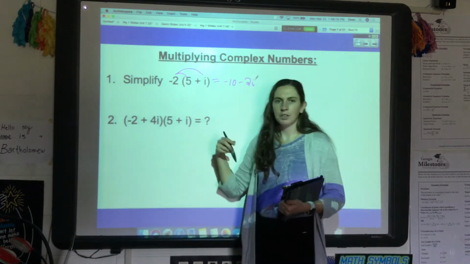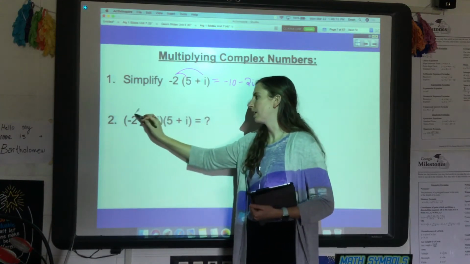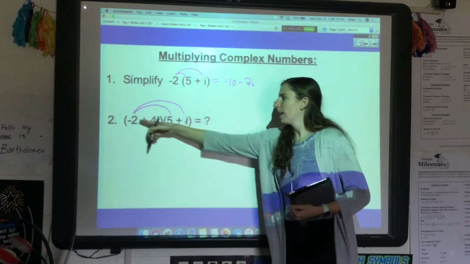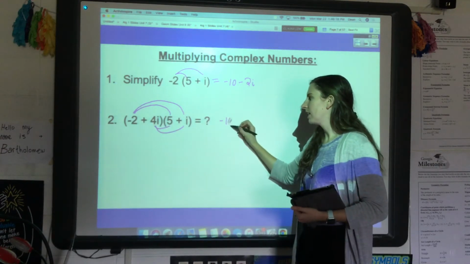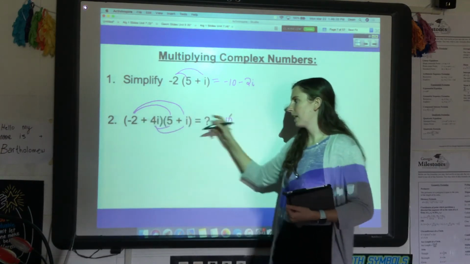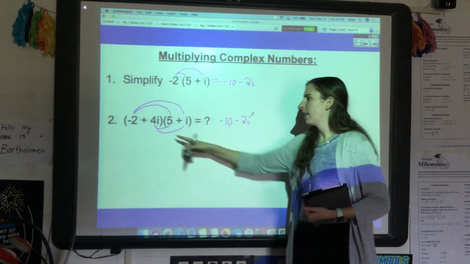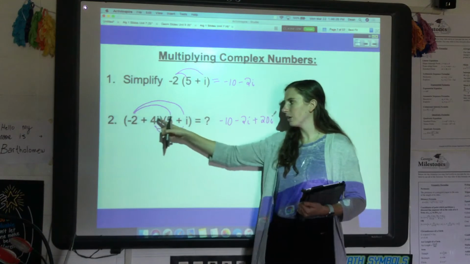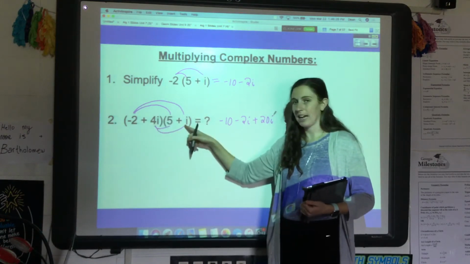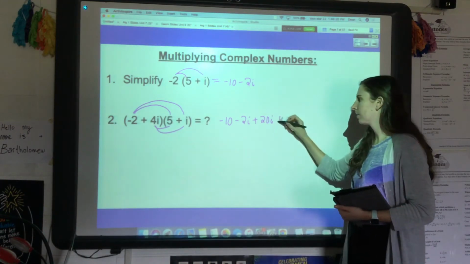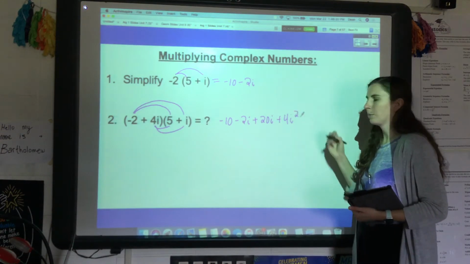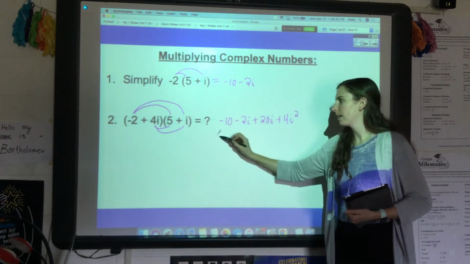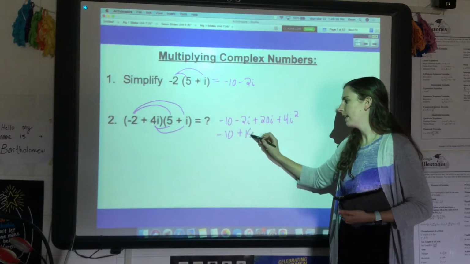On this one, I have a bit more distributing to do, so distribute those, distribute to those. -2 times 5 is -10. -2 times i is -2i, then 20i, and lastly, be careful here, 4i times i is 4i squared. And we're going to replace that in a second. Okay, -2i plus 20i makes 18i.